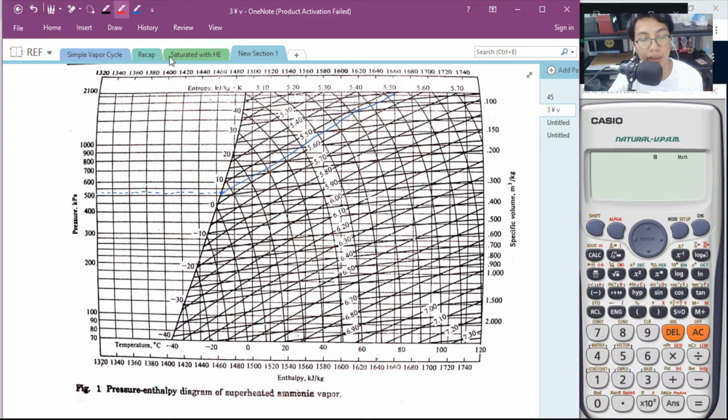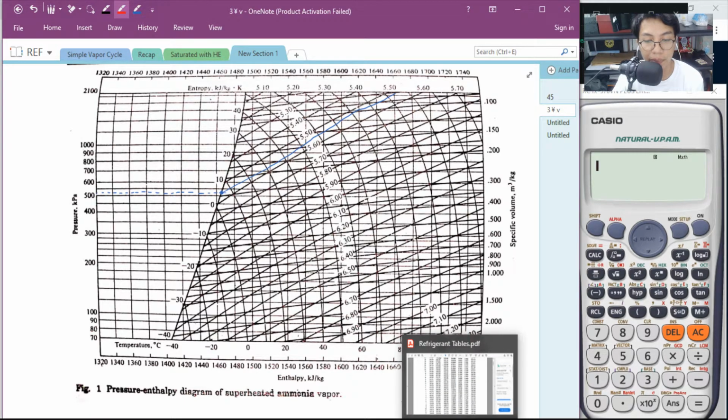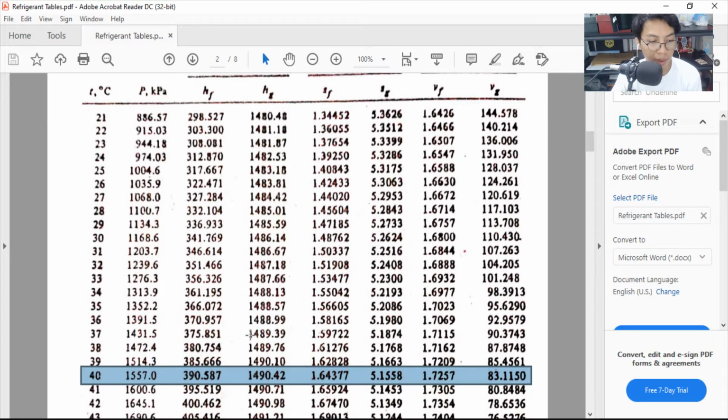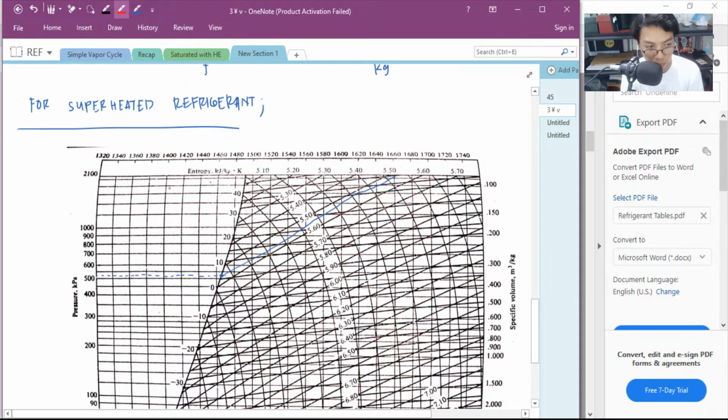Tapos i-red ko na lang yung line. Saan ba siya magmi-meet dyan? 5.55 tapos anong pressure nung iyong condenser? The pressure of condenser is 1557. This is 12, 14, 16. Bali nandito, 1557. Mi-meet up na natin. Somewhere here. Tignan natin kung magtatutugma siya. Okay, dito siya nagtugma. What will be the enthalpy? Tantyahan na lang, ha?